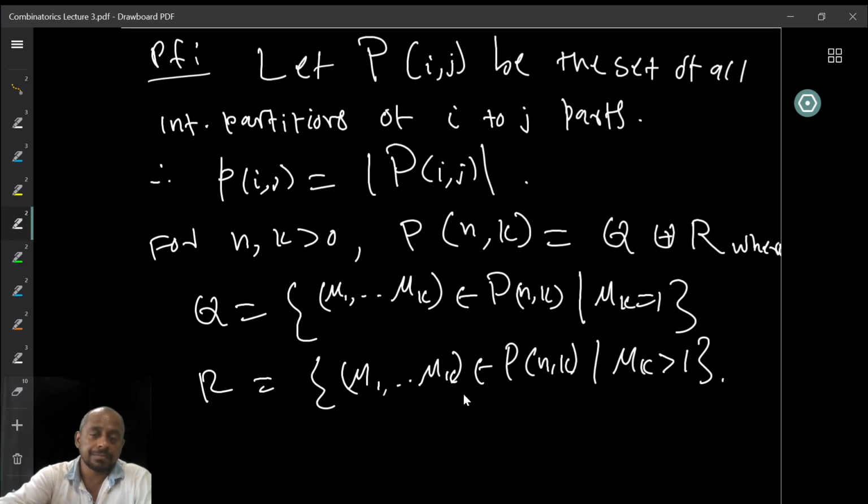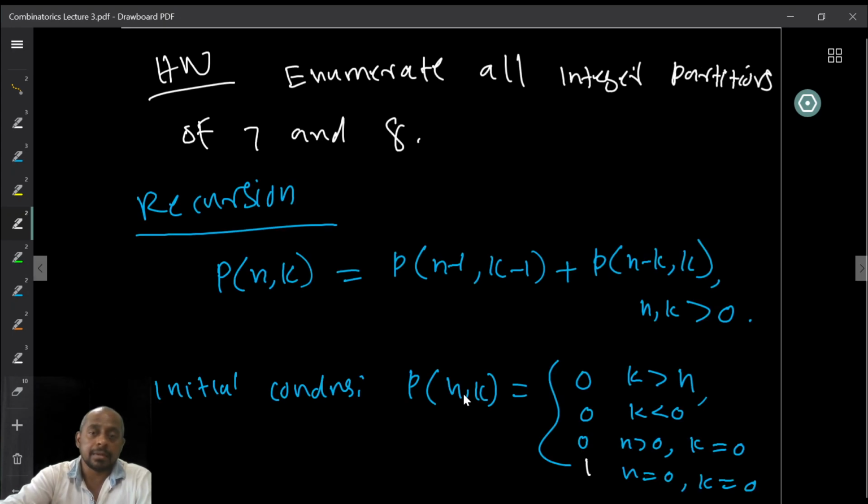So, therefore, this gives the entire bijection, right? So, we have p of n comma k is equal to p of n minus 1 comma k minus 1 plus p of n minus k comma k.